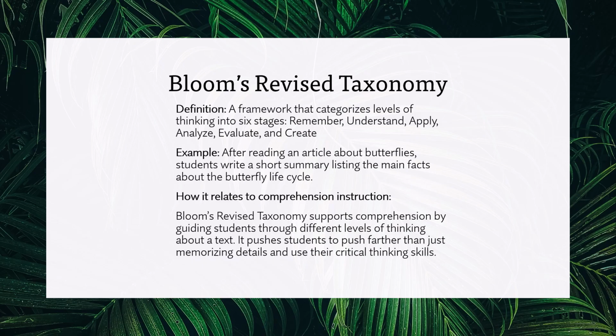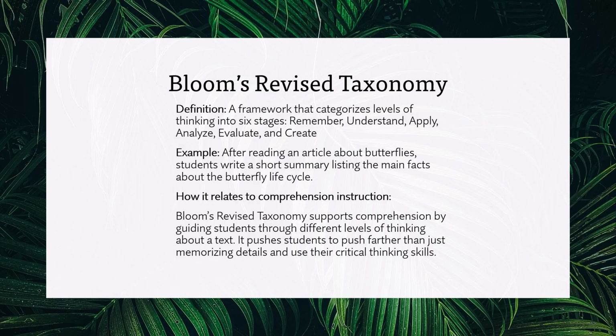Bloom's revised taxonomy is a framework that categorizes levels of thinking into 6 main stages. We have remembering, understanding, applying, analyzing, evaluating, and creating. So after reading an article on butterflies, you could have the students write a short summary about the butterfly life cycle.